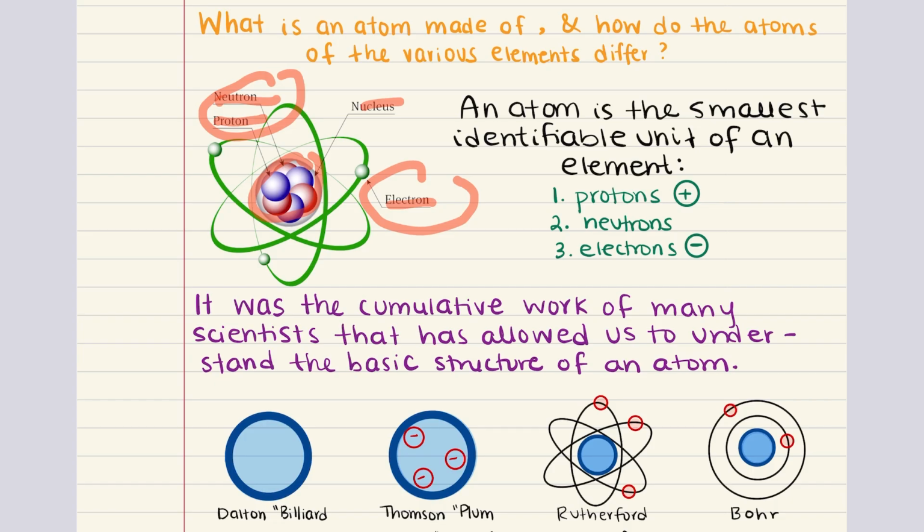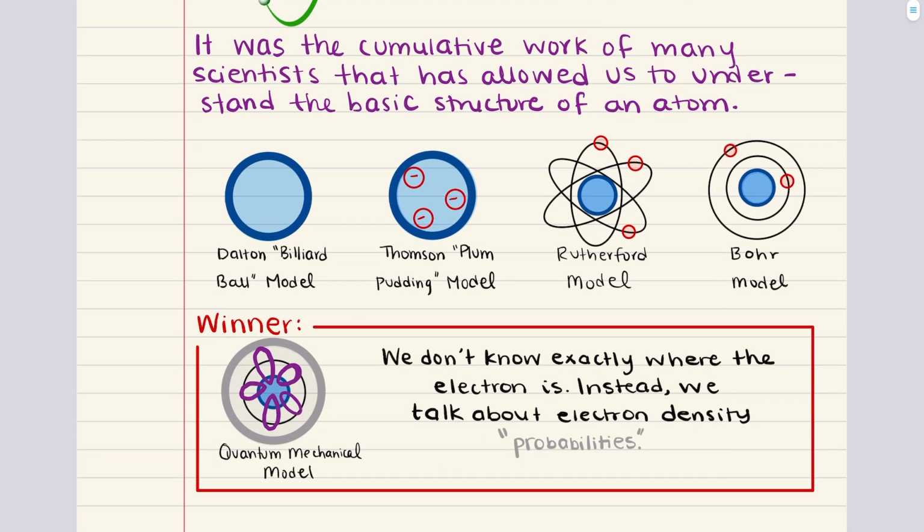But how did we come to understand this structure? Our current understanding is the result of centuries of scientific work, with contributions from many scientists who helped shape our knowledge step by step. It all started in 1803 with John Dalton.